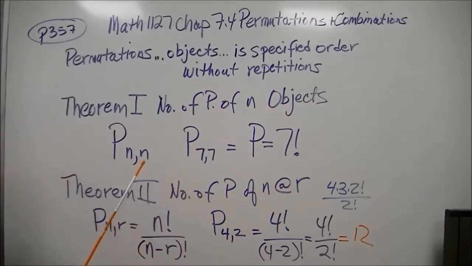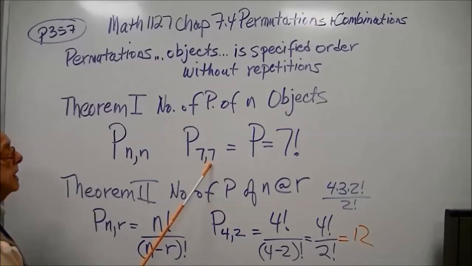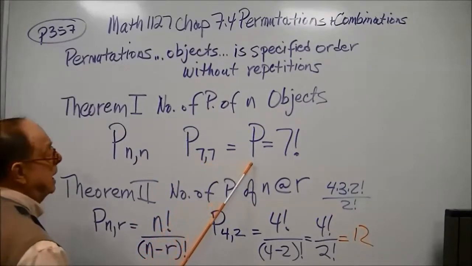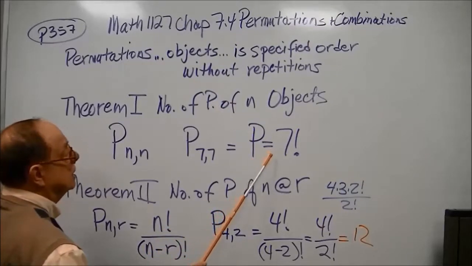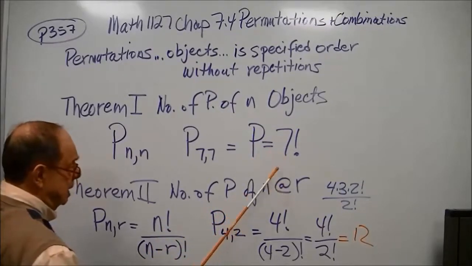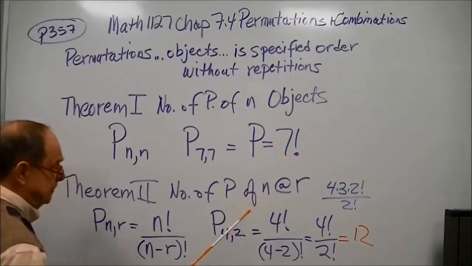So for instance, if we had 7 objects and we're going to do those 7 objects, how many possible combinations could you have? So it'll be 7, 7, and this would be then permutation of 7.